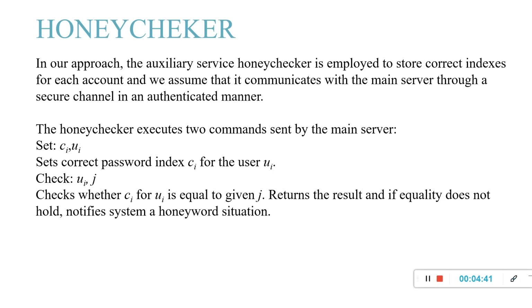So, the honeychecker. The honeychecker is used to store the correct indexes for each user account, and we assume that it communicates with the main server through a secure channel in an authenticated manner.